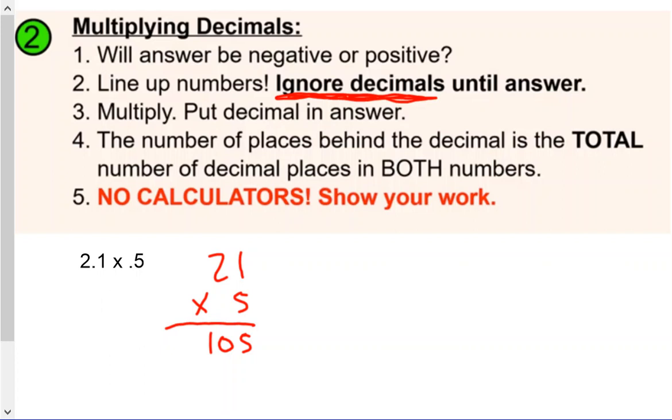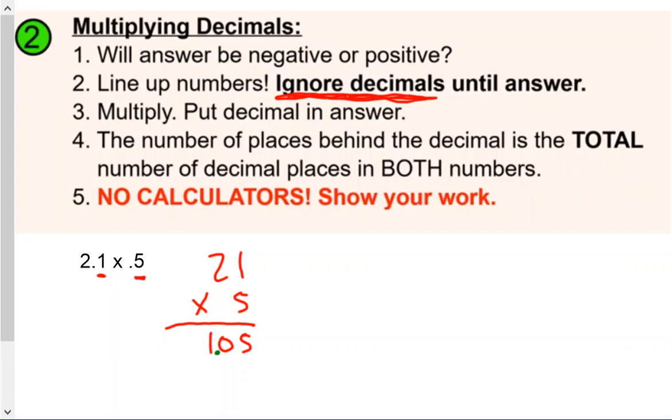But now we need to look back at our problem and see how many numbers are behind the decimal, to the right of the decimal. For here we've got 1, we've got 2. Now we need to make sure that we get the same number in our answer. So our decimal would go right here. 1.05.